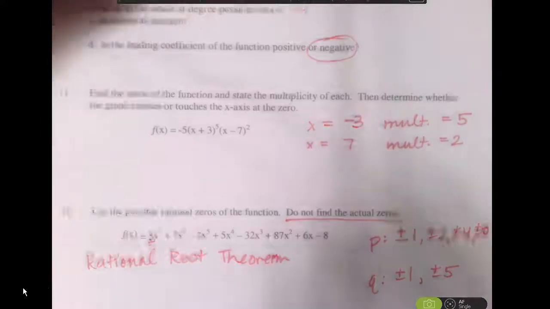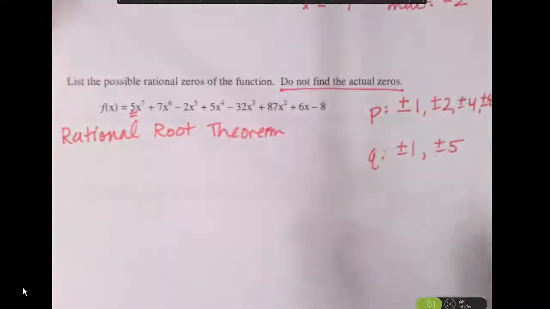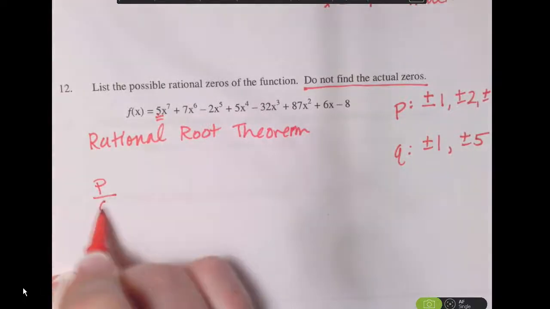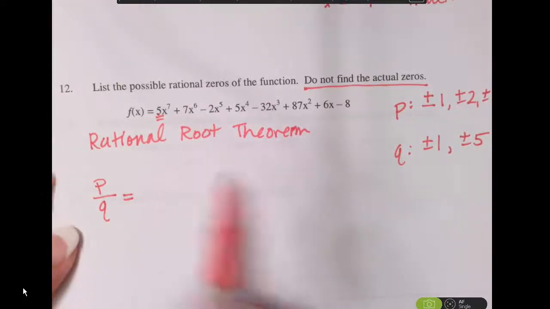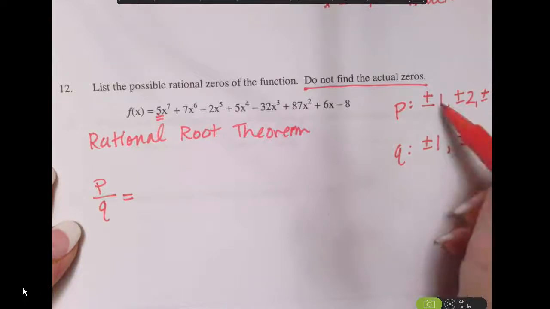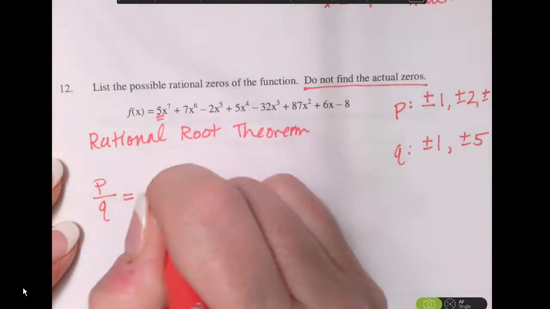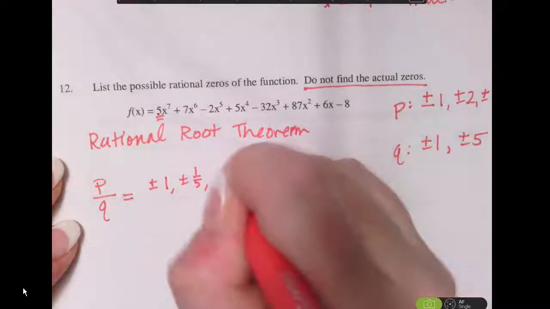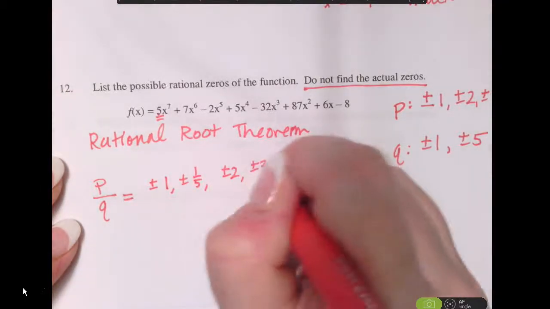But then the idea is you're going to find all of the possible combinations of P over Q. And so we're going to go 1 over 1 and 1 over 5. And then 2 over 1 and 2 over 5.